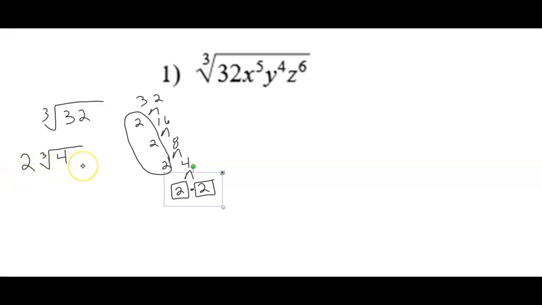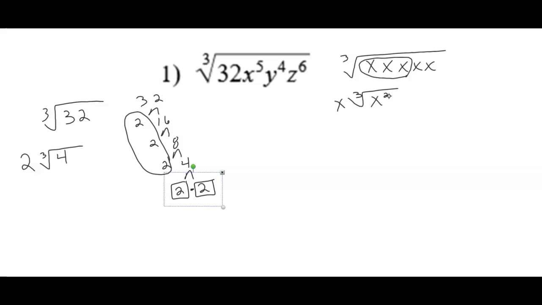So we just hold on to that answer for a second, and then we're going to go over here and deal with the variables. So if you think about x to the 5th power, if we had 5 x's and we try to take the cube root of that, we would still need groups of 3. So we could take 3 of these x's, group them together, which means 1 x can come out front, times the cube root, and we have 2 x's left over, so that's an x squared.